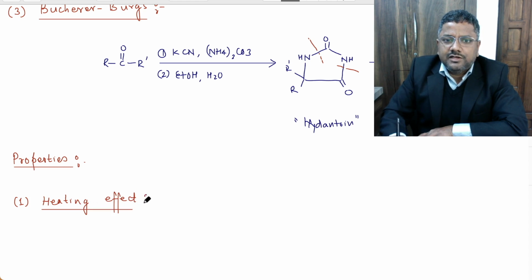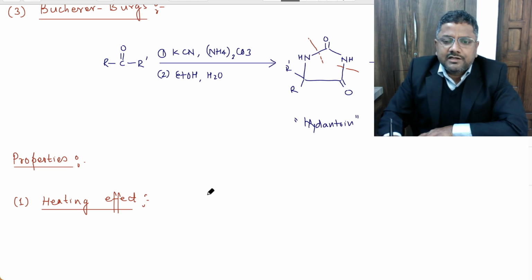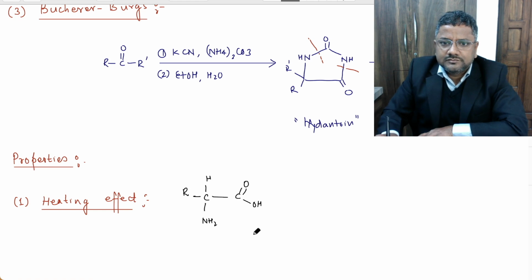So when you heat these alpha amino acids, two molecules condense with each other and they produce a cyclic compound known as diketopiperazine.